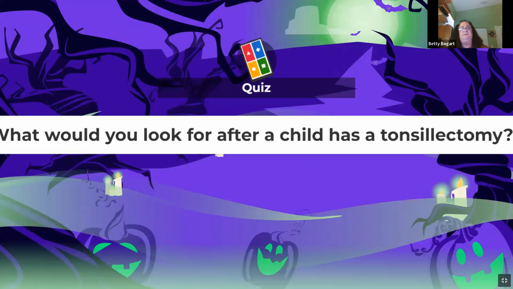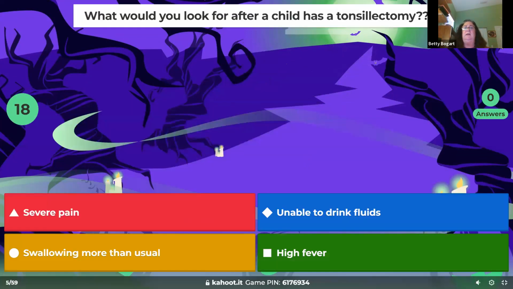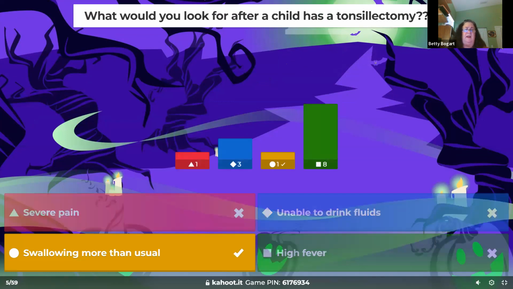Lift their shirt up. What would you look for after a child has a tonsillectomy? And these are things that we're going to be teaching our parents post-operatively, because most of these kids go home. They're not staying in a hospital. And the big thing is, if they're starting to swallow, guess what's happening?